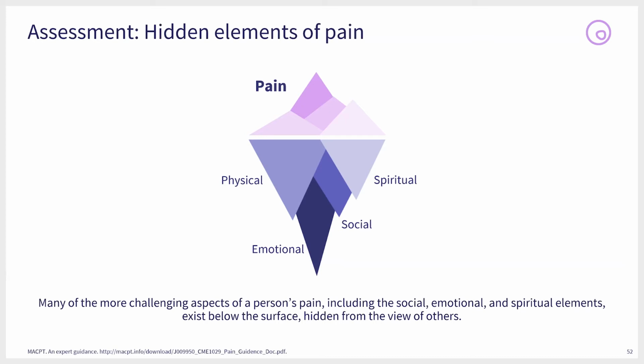When we meet somebody in pain or with peripheral neuropathy or nausea and vomiting or breathlessness, much of what we initially assess is this little bit above the water edge in pink. But actually, a lot of the impact of the pain or the symptom is more hidden underneath the waterline: the spiritual, the social, the emotional, and physical.